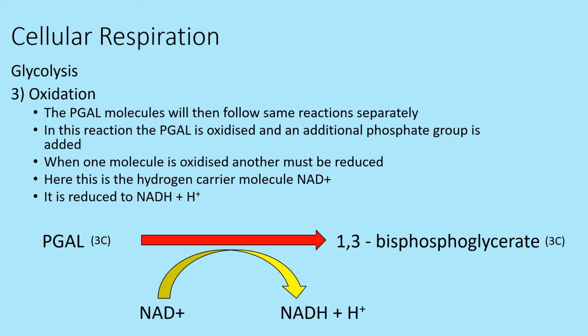So our PGAL is oxidized, and in the process our NAD+ is reduced. The final form after oxidation is a 1,3-bisphosphoglycerate. So now 2 phosphates on the first and the third carbon, and still 3 carbons in total. And our NADH plus H+ will come into play later on.